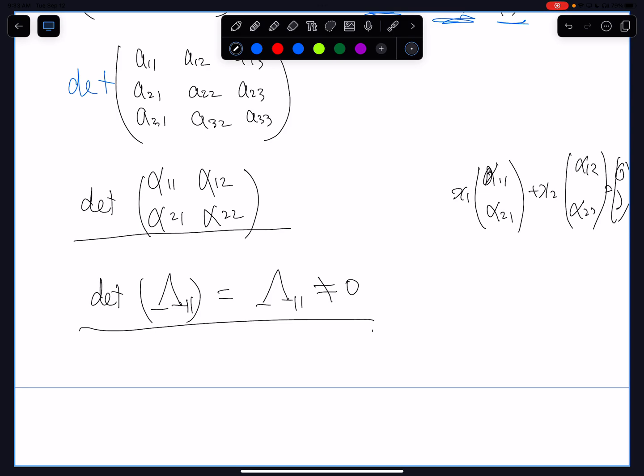For B1 and B2, they have to be different lines, right? That means the ratio between these two has to be different, right? That is what you learned in junior high school, right? It's nothing new. This is from junior high school.